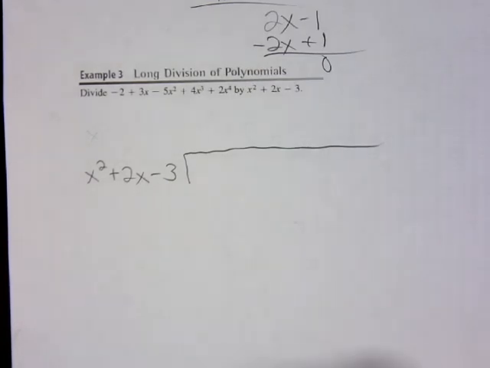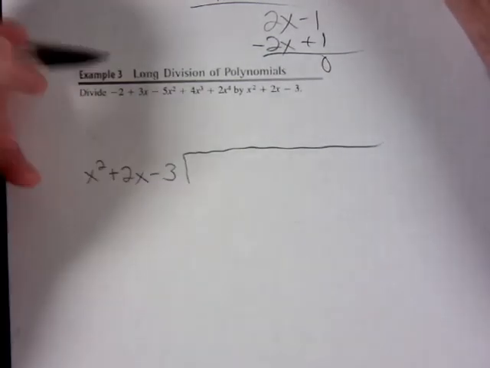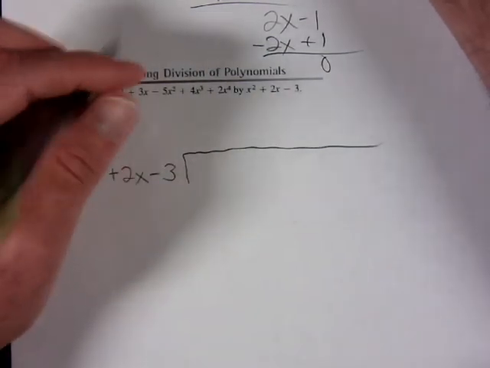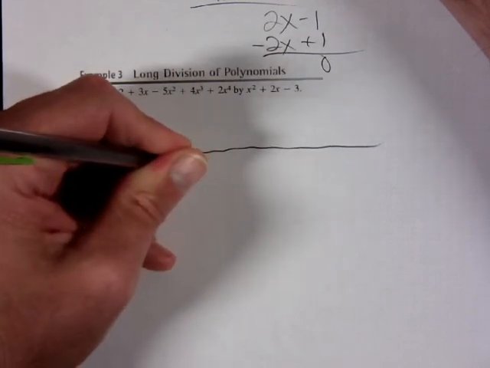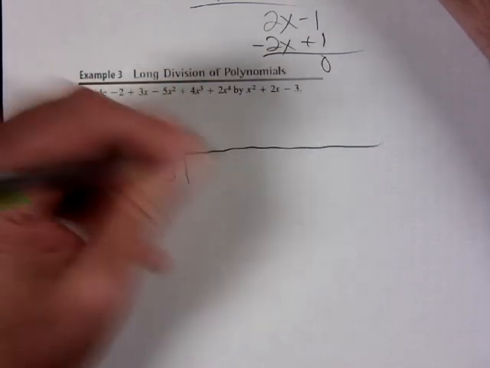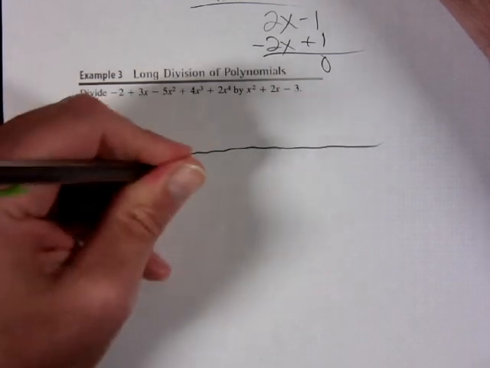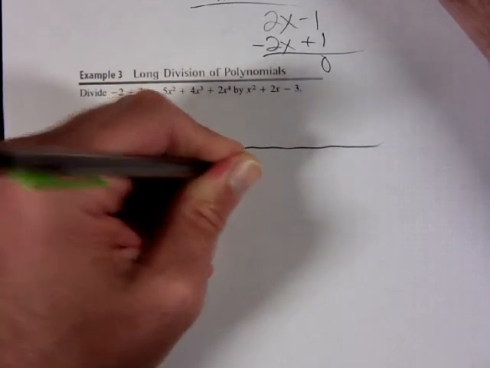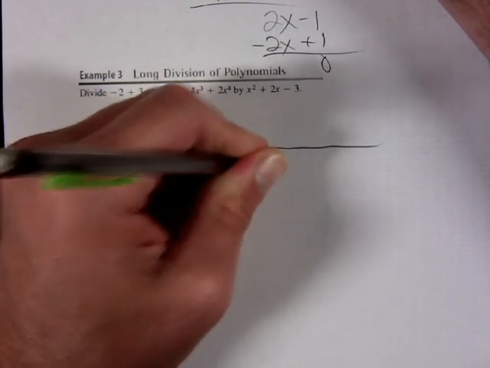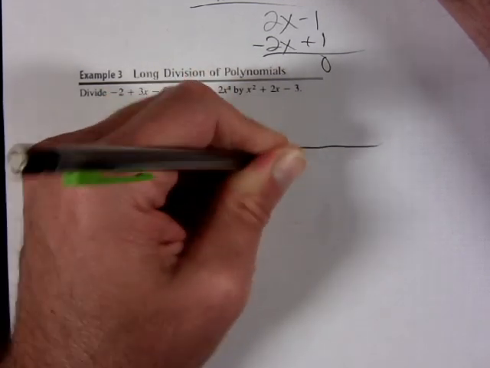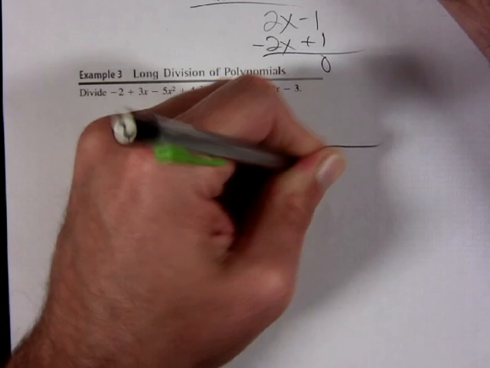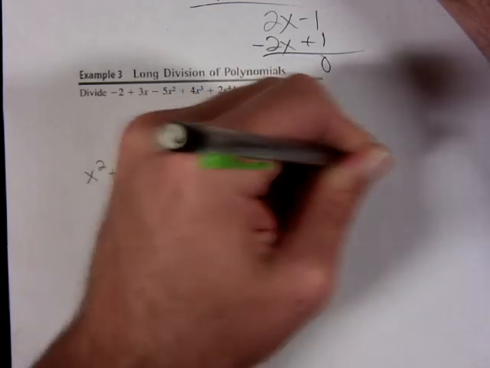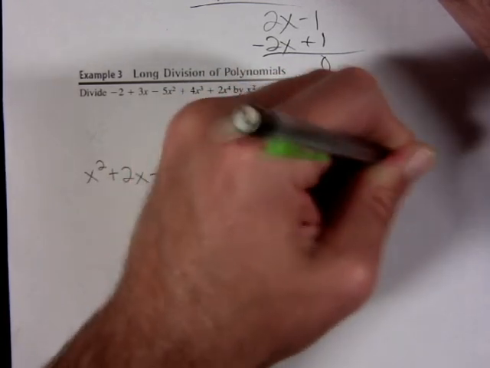So when I write it out, I'm going to put it in standard form, which is descending order of the variable, to make it line up right when I divide. So make sure you notice that. So I'm going to go 2x to the fourth plus 4x to the third minus 5x squared plus 3x minus 2.